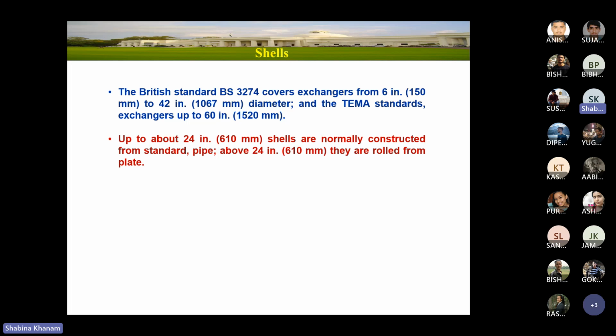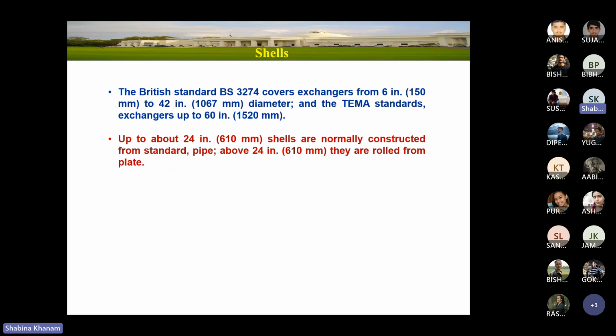Okay, so rolling, when you consider it, is when you have the metal sheet that you roll through different rollers and make the pipe, and then you weld from one side. In that way, those types of shells are usually made when required.